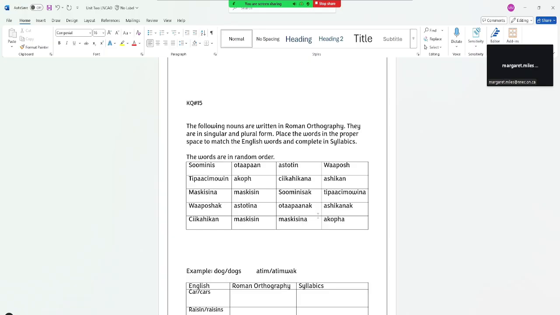Chikahigan. Chikahigan. Chikahigan. Uttapan. Uttapan. Uttapan.